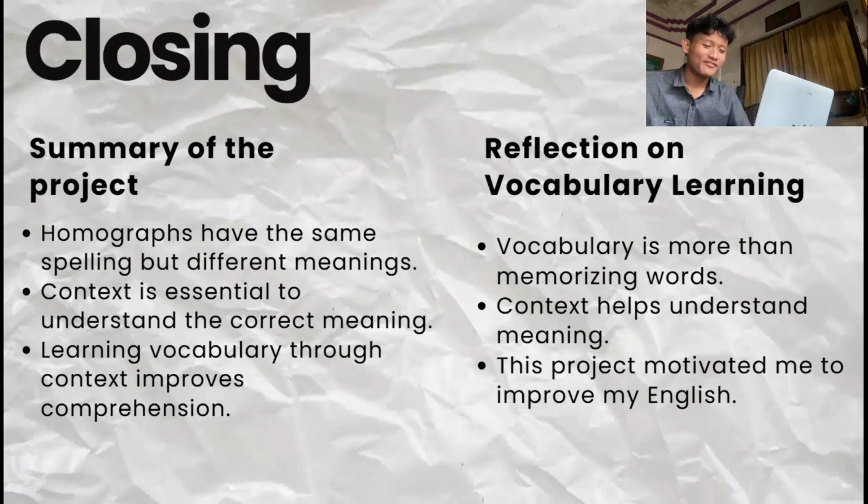And next, learning vocabulary through context improves comprehension. And the reflection on vocabulary learning: vocabulary is more than memorizing words. Context helps understand meaning. And this project motivated me to improve my English. And yeah, thank you.